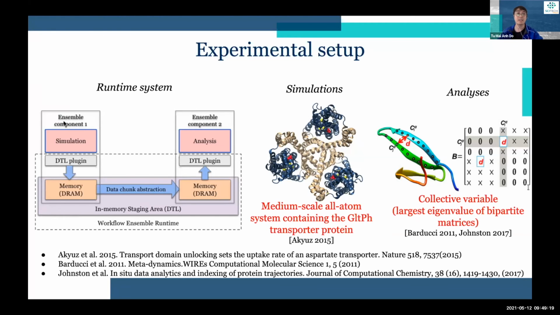This framework is not only focused on molecular dynamics; with the data abstraction, I think we can apply it to other types of simulation and also other types of data generated by other applications as well.